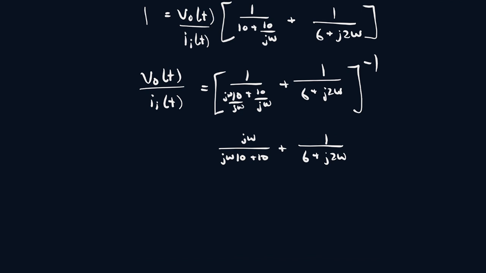Now I'm going to try and get common denominators. So times this side by 6 plus j2w, and then times this side by jw10.